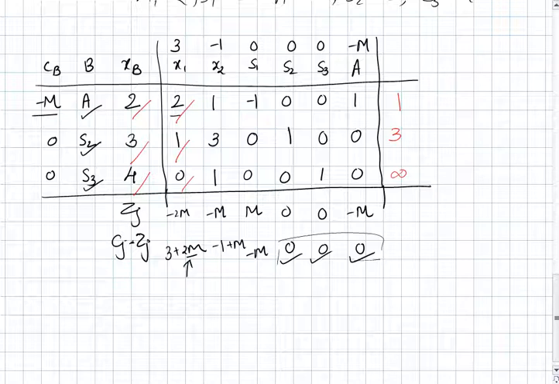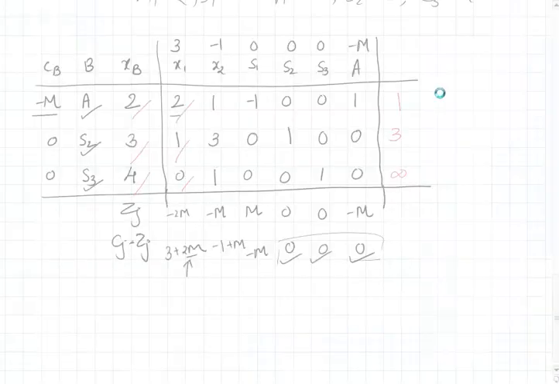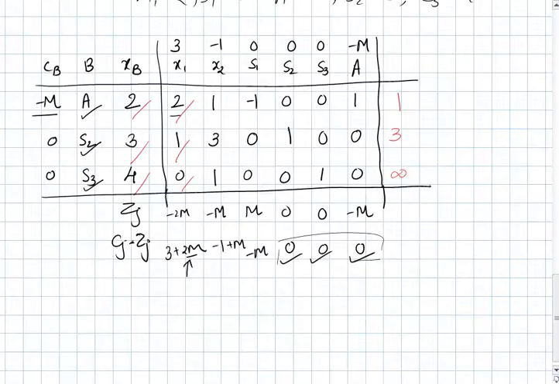So the minimum replacement ratio is for the variable a, meaning the artificial variable a will be removed from the basis and x1 will enter the basis.